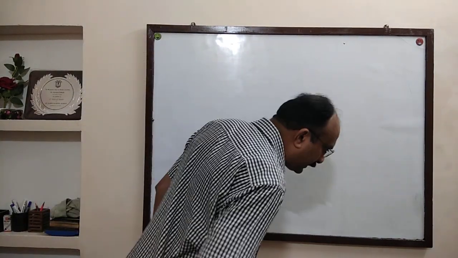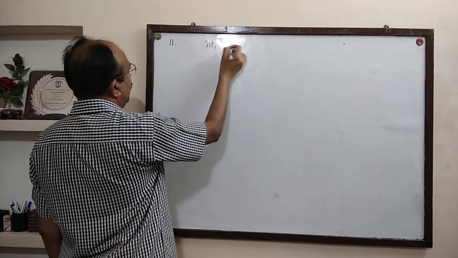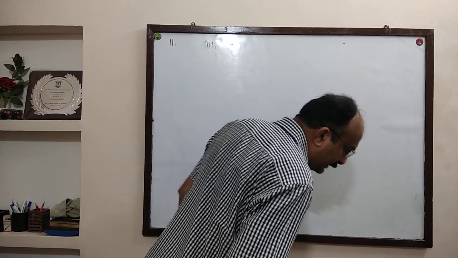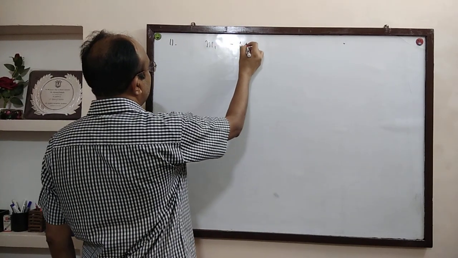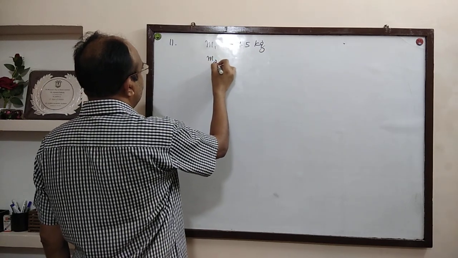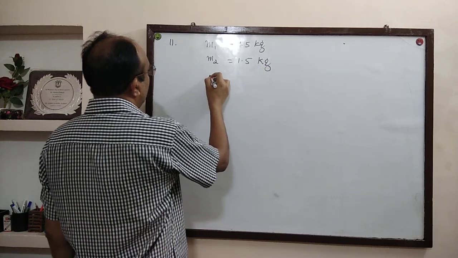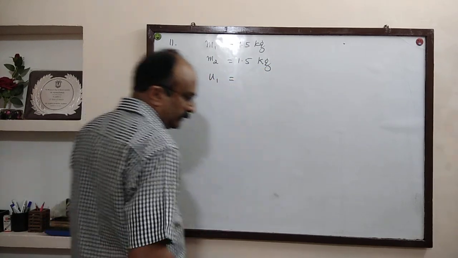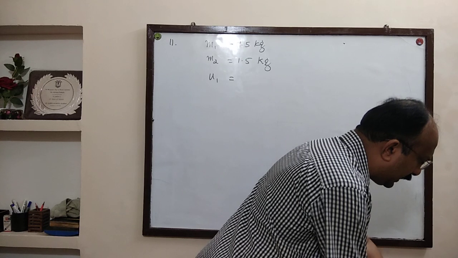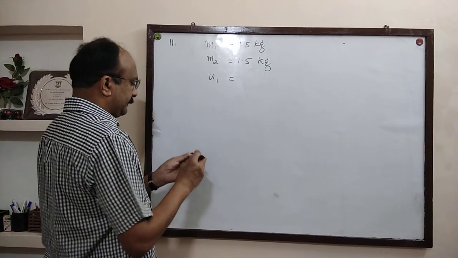So question number 11. Both the bodies have the same mass and mass is 1.5 kg. So M2 is also 1.5 kg. U1 is equal to, both the bodies are moving with the velocity of 2.5 meter per second.